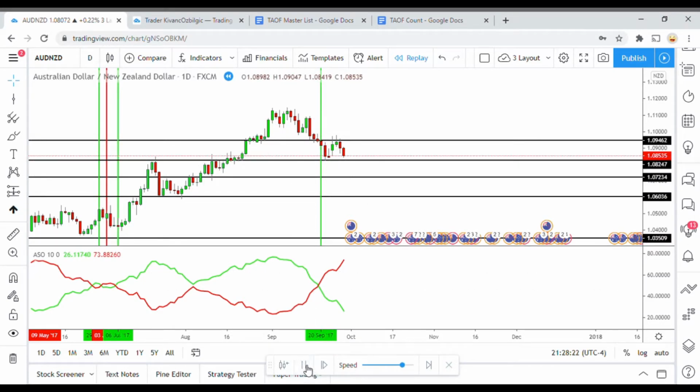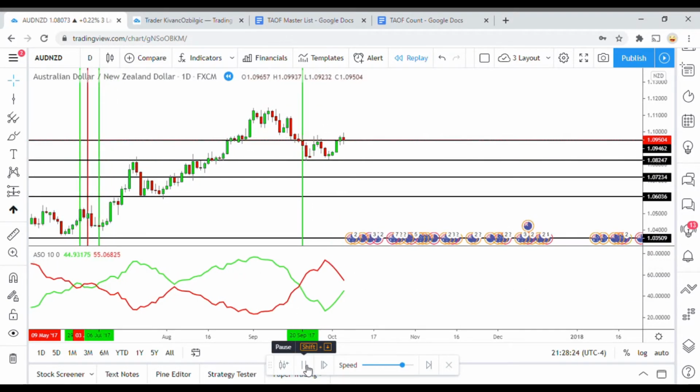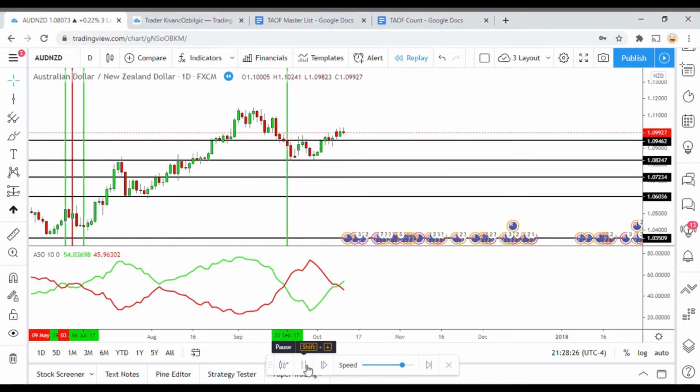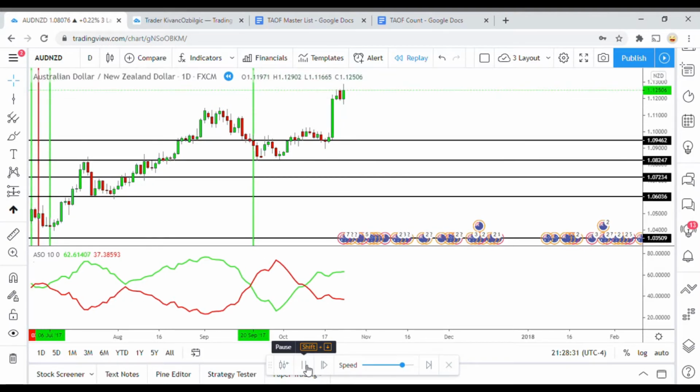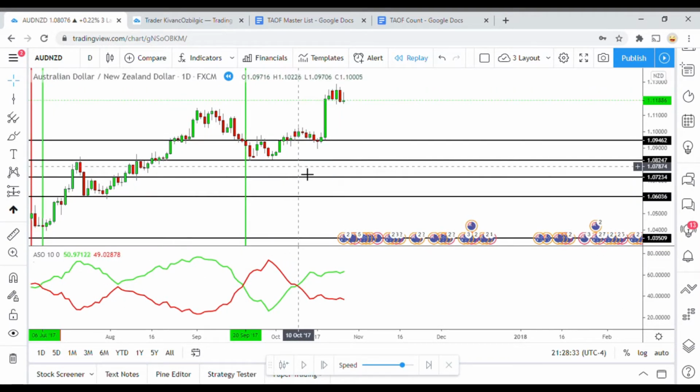So not too horrible. Let's play it forward here a little bit more and see what it's going to do. See if it can commit to a direction here, or if it's just going to bounce around for a moment.